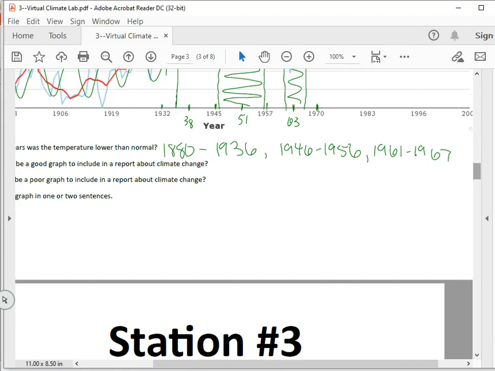Number 2 says, why would this be a good graph to include in a report about climate change? The year 1880 is important because that's when humans first started being able to record temperatures. So it's important here because it shows how temperatures have changed, at least since humans have been able to record their differences.